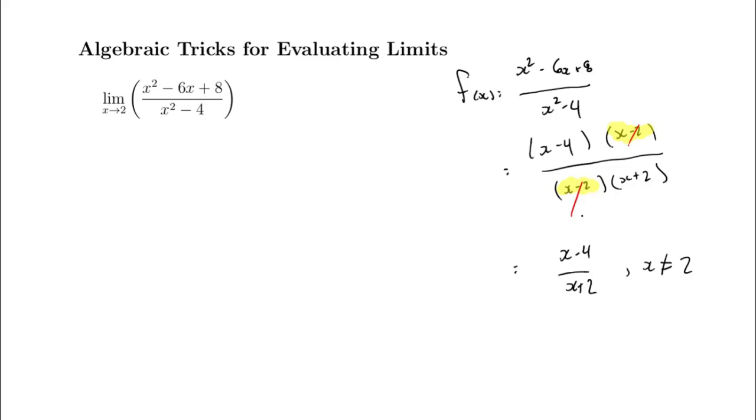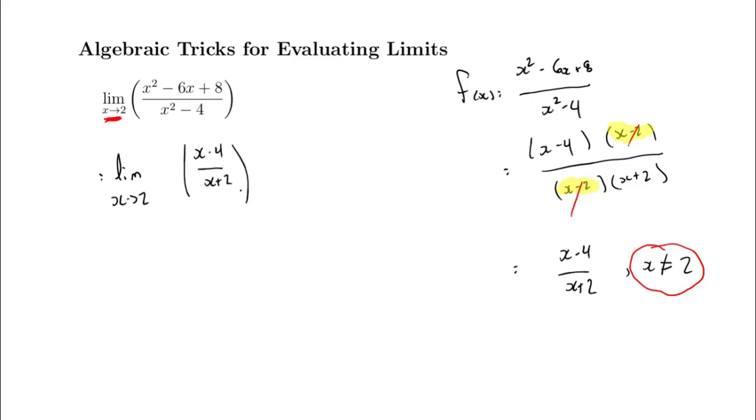Now, when we're talking about limits, we really don't care about this statement anymore because x is only getting really, really close to 2. So even though these functions aren't the exact same thing at the value 2, we can say that the limits themselves are. So this is the same as the limit as x approaches 2 of x minus 4 over x plus 2.